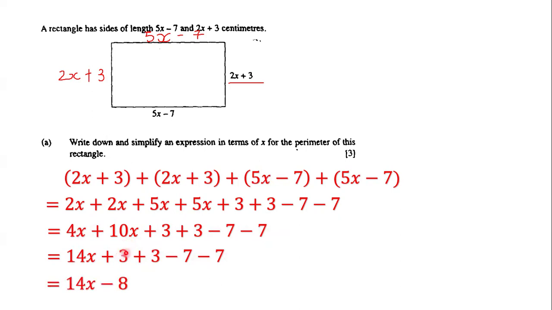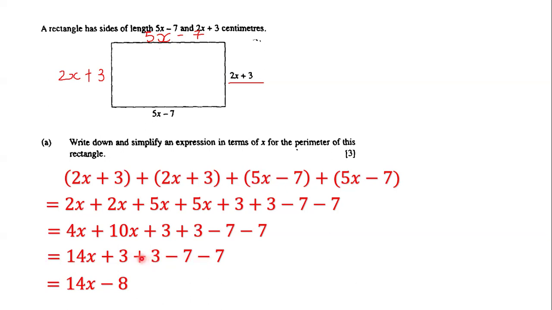And so what is 3 plus 3? Well, 3 plus 3 is definitely 6. And then we have negative 7 minus 7, and negative 7 minus 7 is negative 14.